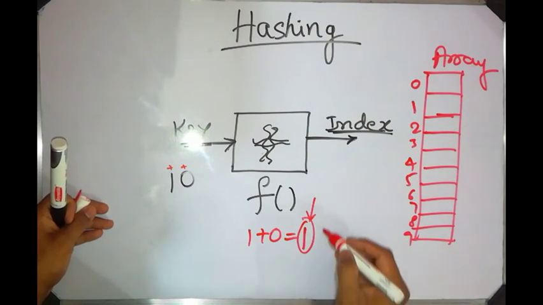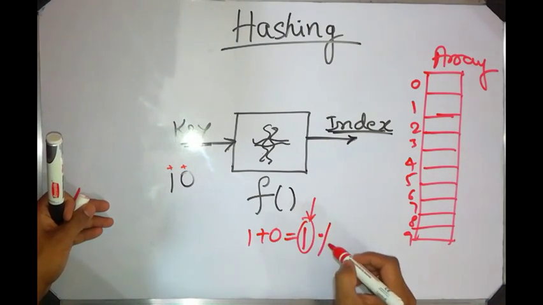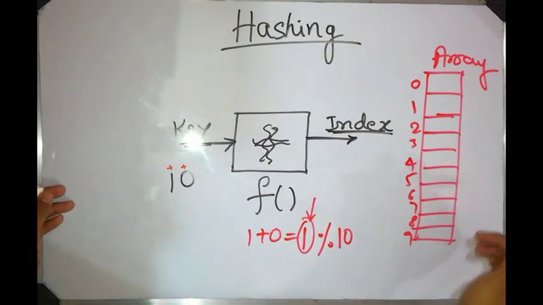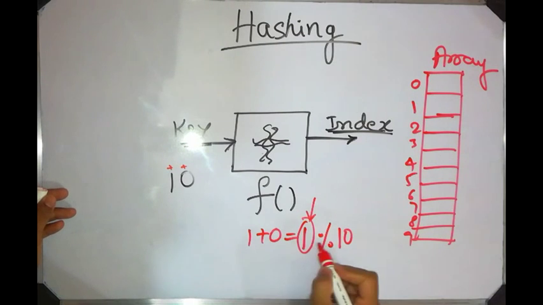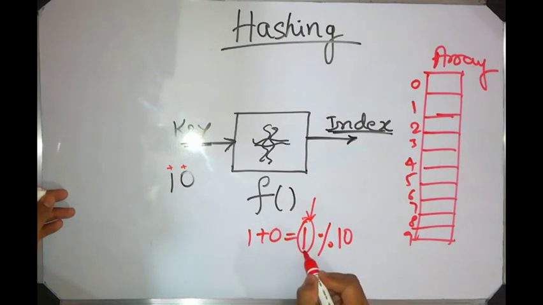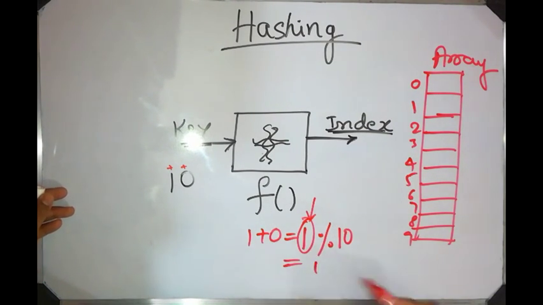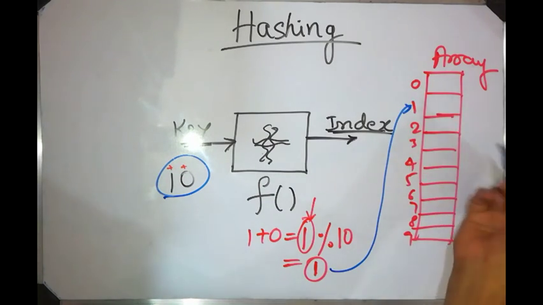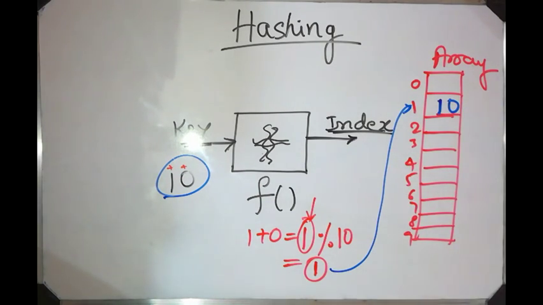So you're supposed to mod it with 10 so that you get an index that is valid, so that you can go ahead and place it there. After addition you got 1, and 1 mod 10 is 1. So where are you supposed to put the key 10? You're supposed to put it in index 1. So you're going to place it here.